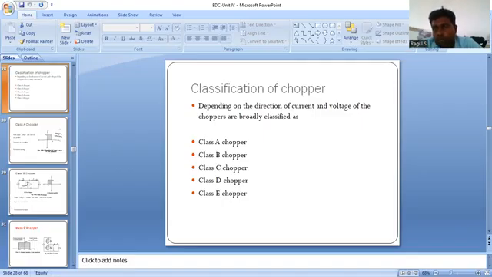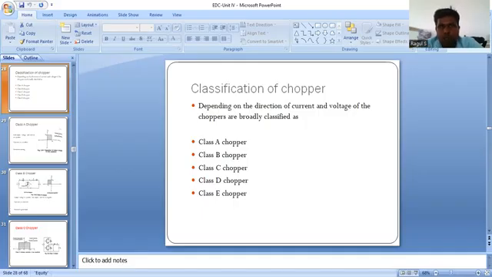Nowadays, lighting and lamp control applications also prefer choppers. Through the chopper, we control the speed of a DC motor. In variable speed drive applications we need different levels of speed, and through the chopper we can vary the voltage, the current and also the polarity, so we can easily control the speed.